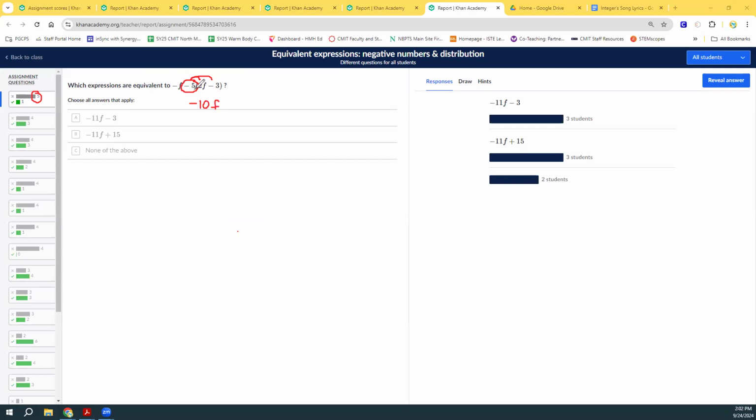Negative 5 times 2 is negative 10. Negative 5 times negative 3 is positive 15. Bring down the negative f there. And combine like terms. So we have a negative 1 minus 10, negative 11f.